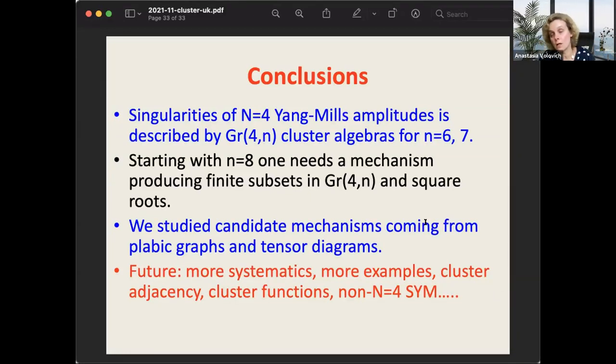Recently there was some work by Henn, Papathanasiou, and Dima showing that some of the cluster algebras appear directly in Feynman diagrams, not just in final amplitudes.